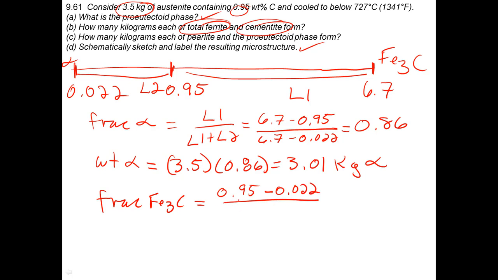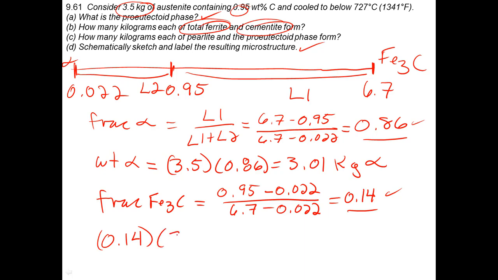Similarly, we can calculate the fraction of total cementite of 0.14 using L2 divided by L1 plus L2, and it just confirms, as it should, that those values total up to 1. We can take that mass fraction times our total system weight to get 0.49 kilograms of cementite.